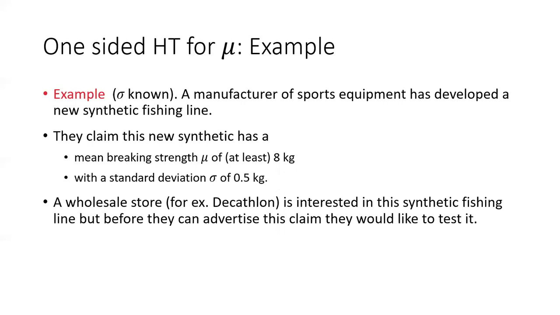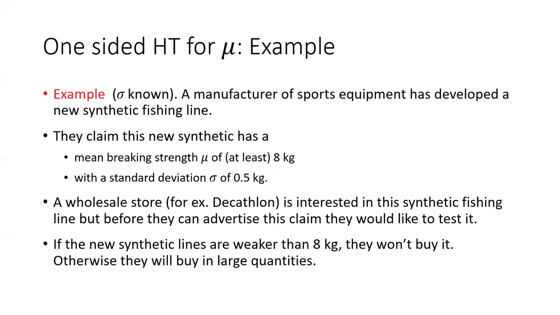So a wholesale store, just like Decathlon, is interested in this synthetic fishing line, but before they can advertise this claim, before they can put this info on their website or in their catalog, they want to make a test for this. They are planning to buy this fishing line in huge amounts, but if the new synthetic lines are weaker than 8 kilograms, they won't buy it.